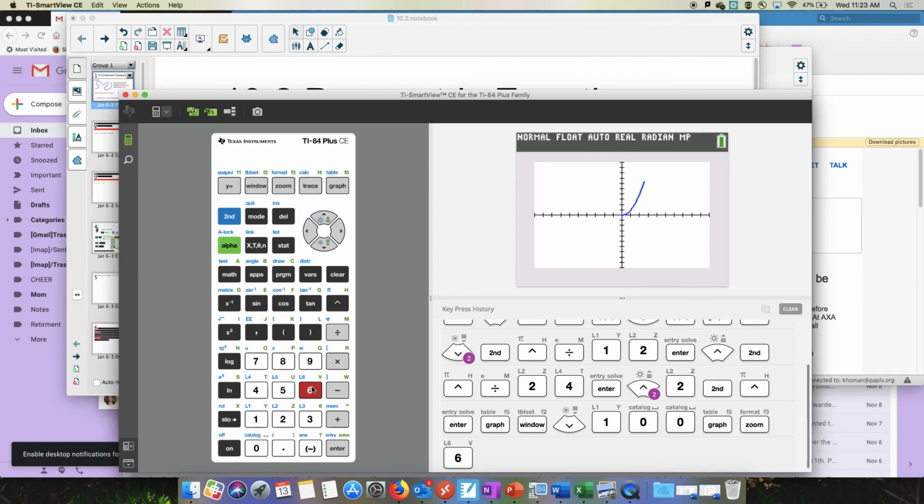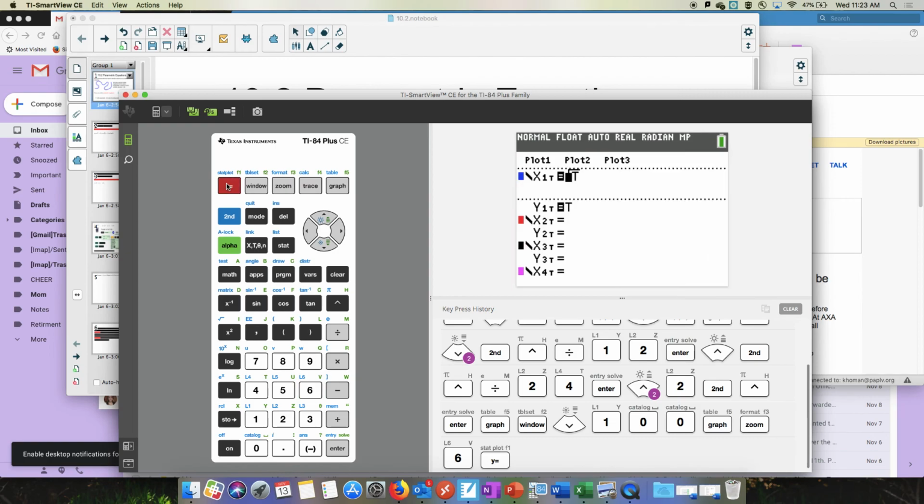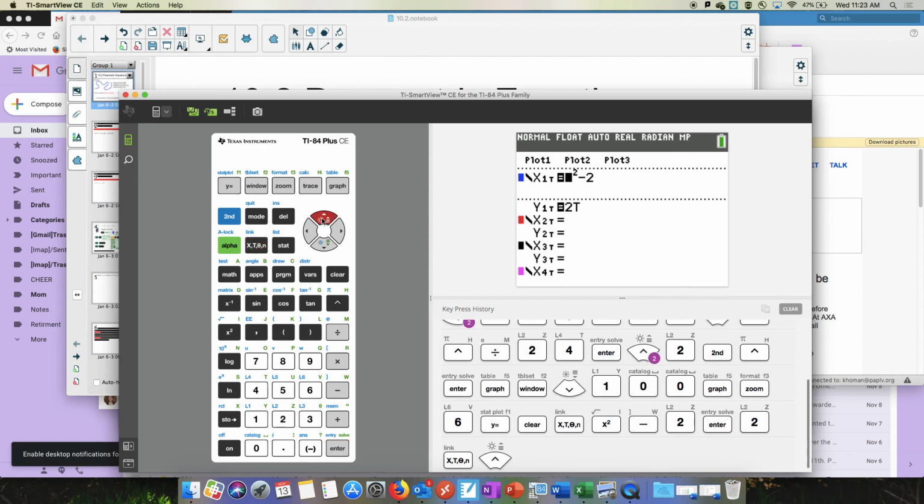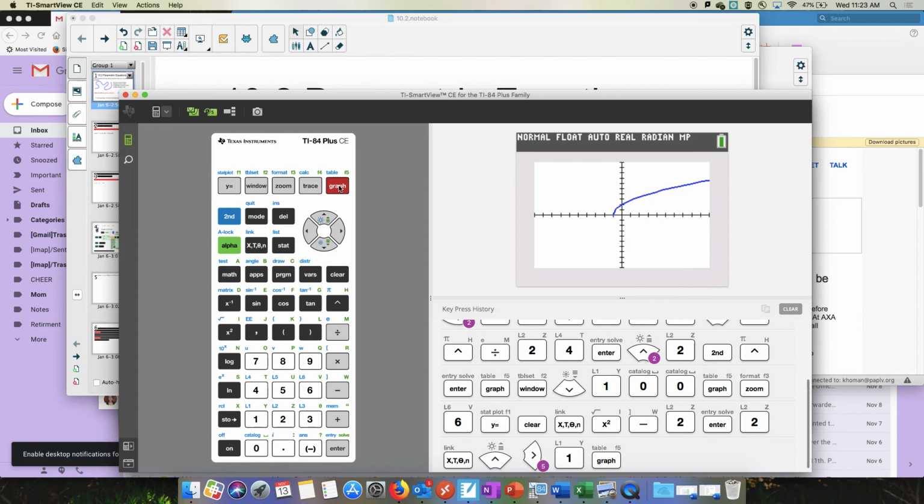Now let's go back to our second example. Was it t squared minus 1 and 2t? Now I only have half of the parabola.